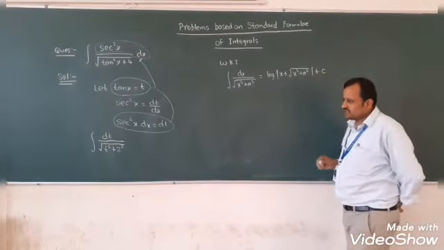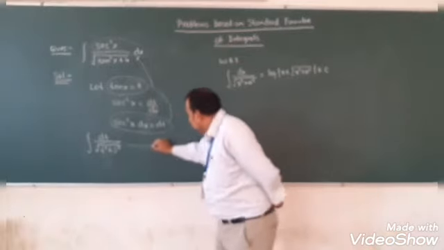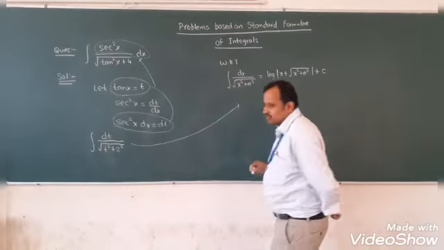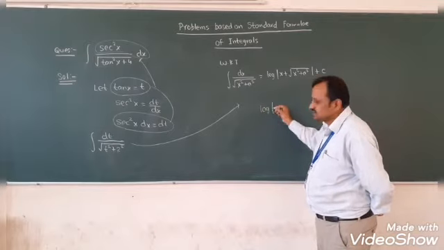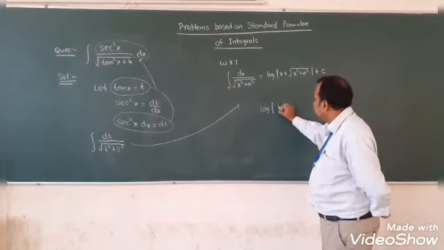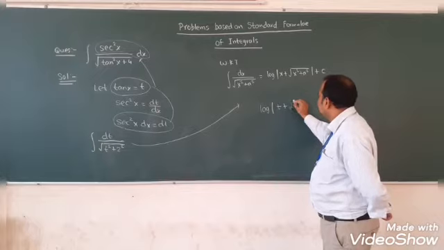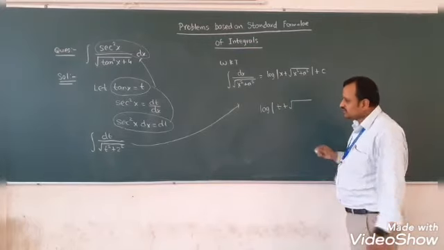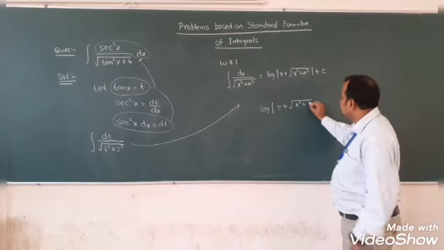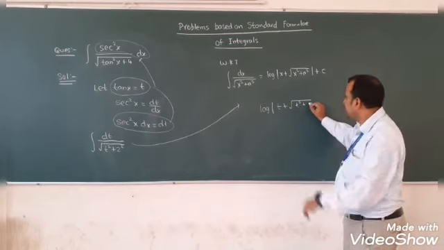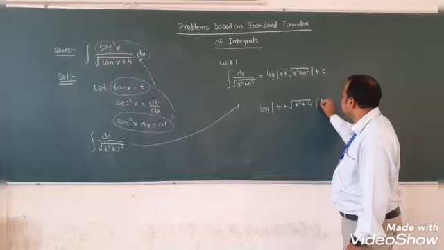So make use of this formula. So if you apply this formula, you will get answer equal to log of x, what is x there? T, plus square root of x square, what is x square? T square plus a square. What is a square? 2 square. 2 square is nothing but 4, plus c.